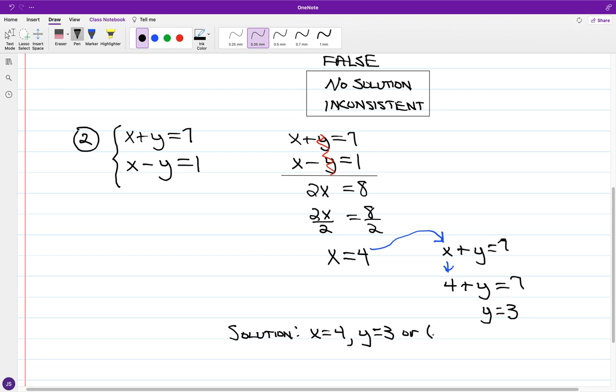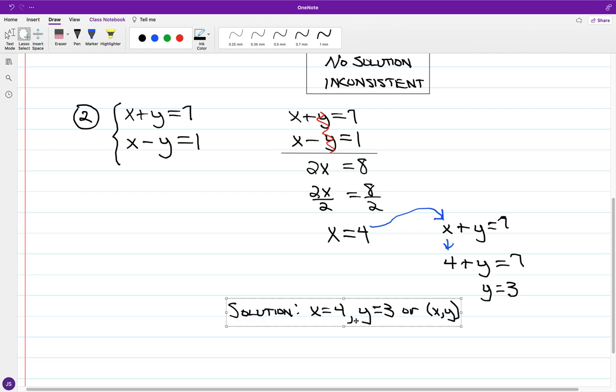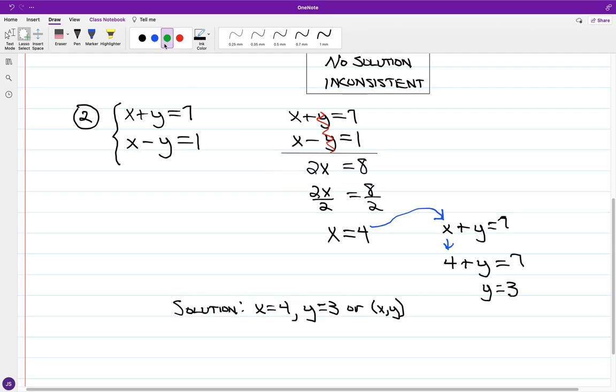And you can write this in ordered pair terms. And since we have just one solution, that is a limited number of solutions, the type of system we have is going to be consistent and independent.